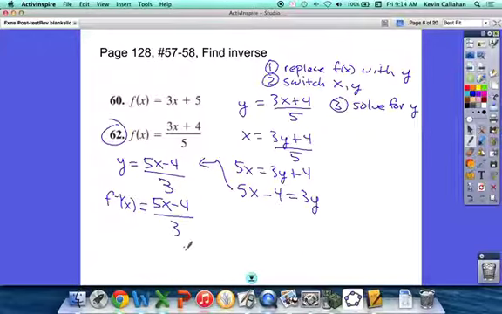So in a problem like this, just to make the math work out easier, if I plug in a value of x, let's say f of 5, in this one f of 5 is 3 times 5 plus 4, 19. It's not really what I was hoping, but that's 19 over 5.